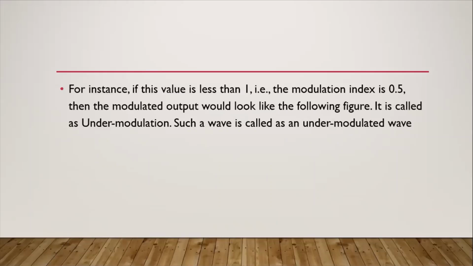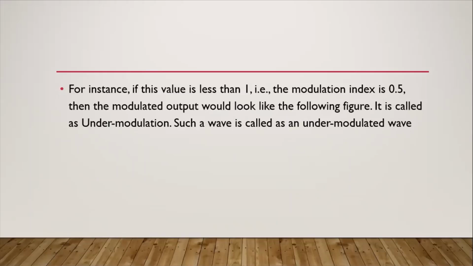Next are the definitions of undermodulation and overmodulation. If the value is less than 1, for instance a modulation index of 0.5, the modulated output looks like the following figure, which we call undermodulation since it is less than 1.